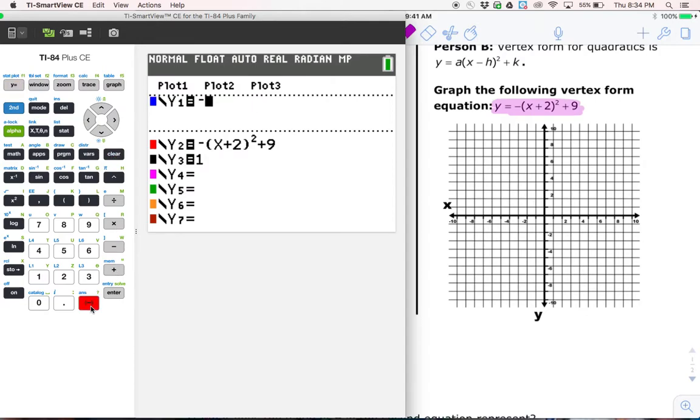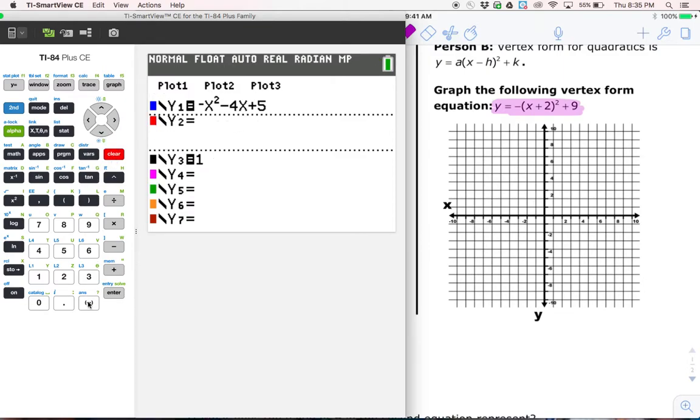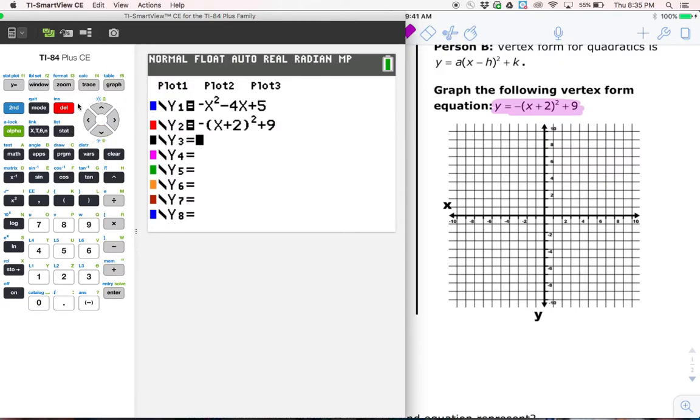Take me 2 seconds. All right, so we have negative x squared minus 4x plus 5. And then my next equation, we've got negative parentheses x plus 2, the square is on the outside right there, and then we've got a plus 9 on the outside. Notice what happens when I graph these.